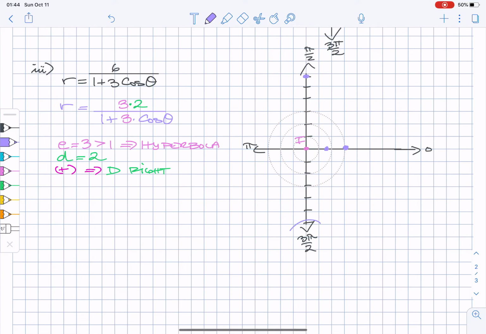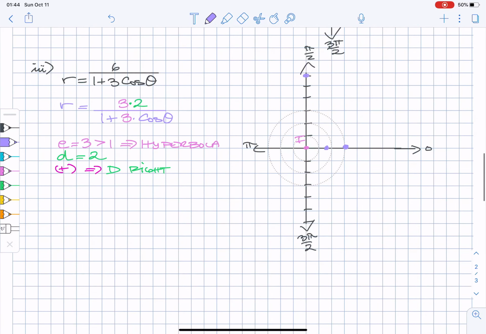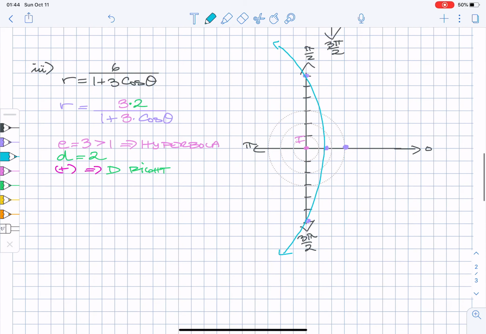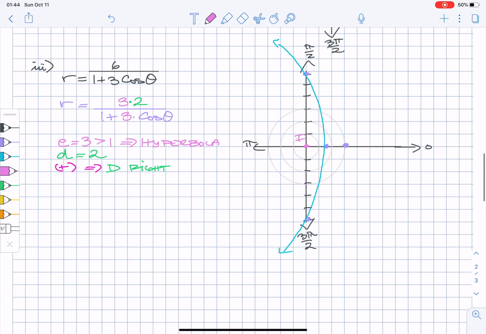And now at 3 pi over 2, cosine is 0, so I go 6. So what's happening here? Let's see. Looks like I'm going to have part of my hyperbola, like so, which means that this other part is going to be similar.